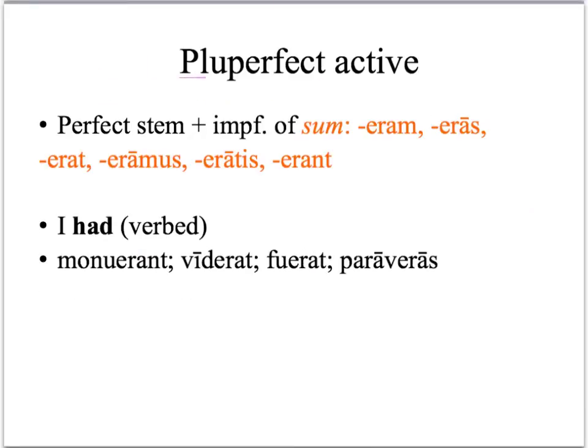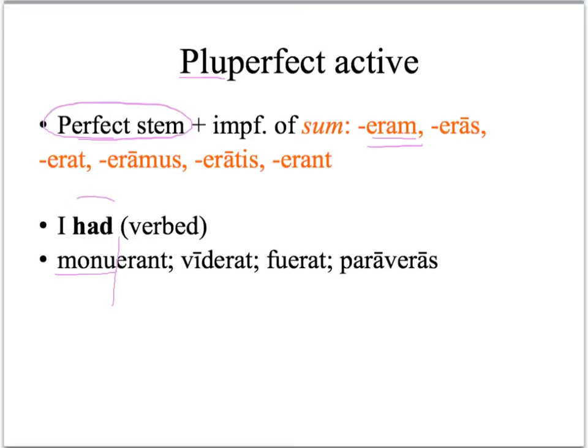The pluperfect means the more than completely done tense. So in the active, we're going to take the perfect stem, third principal part, drop the i, and add the imperfect, that irregular imperfect of sum, as an ending this time. So I could take a verb, moneo, monere, monui, drop the i, perfect stem plus eram, eras, erat, etc.: monuerant, they had warned.